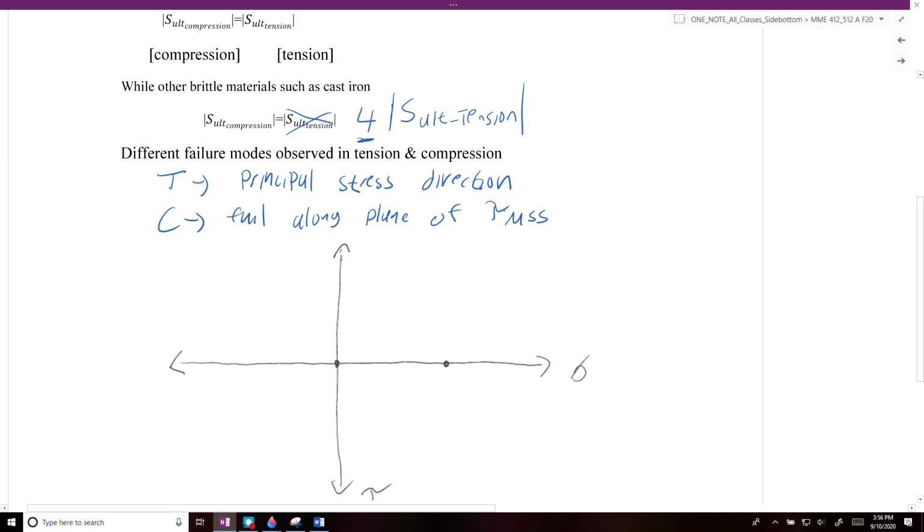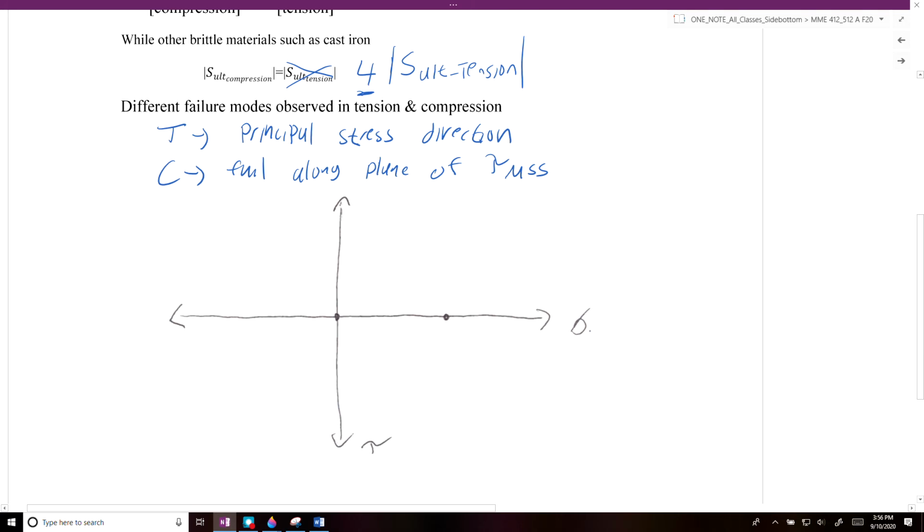So what the Coulomb-Mohr theory states is that if you draw a Mohr circle, and you have a case where you have just pure ultimate tension, that would be the edge of your Mohr circle.